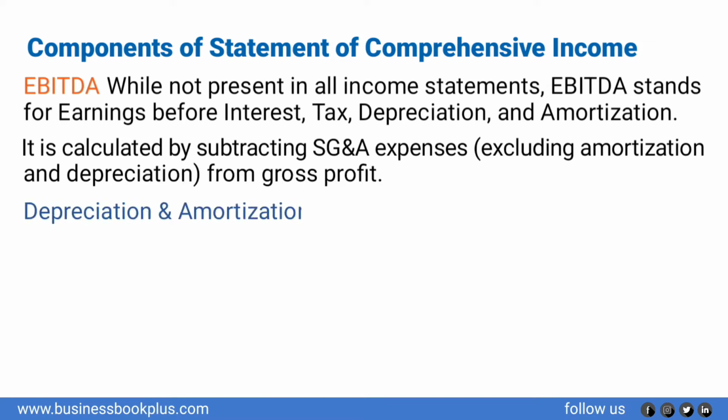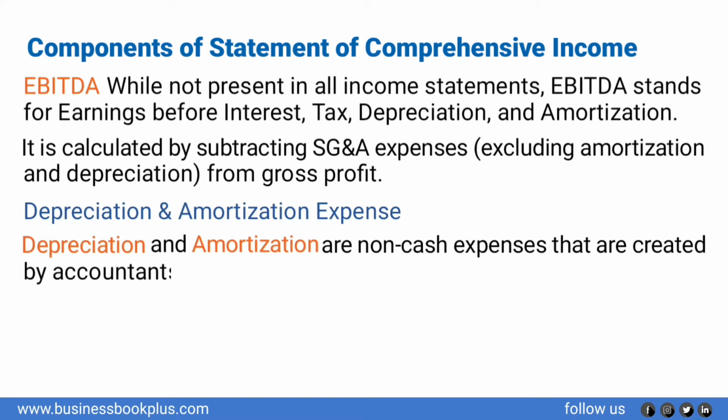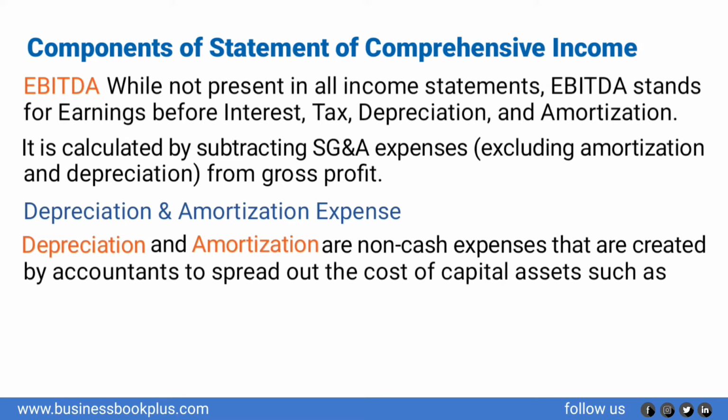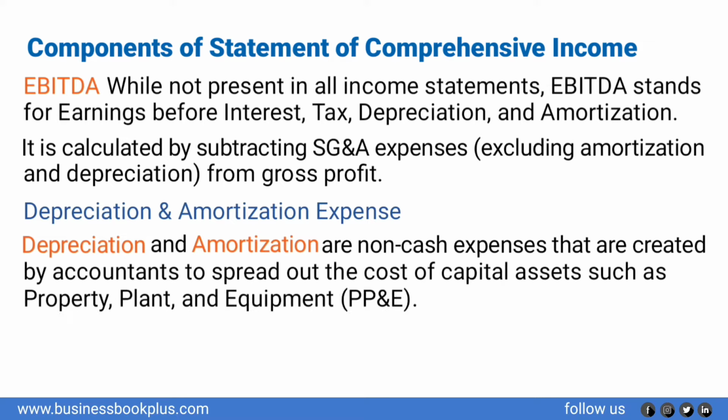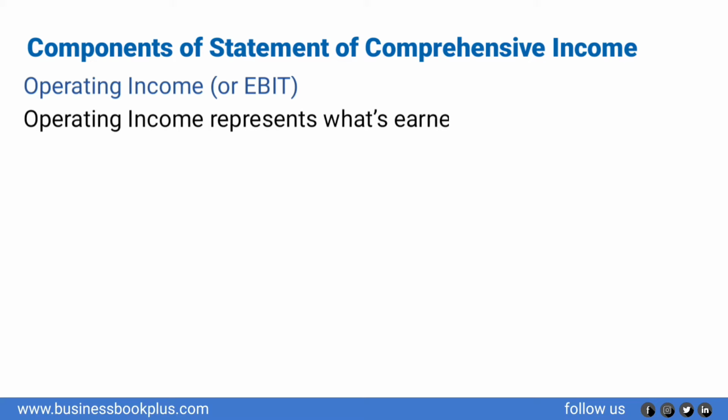Depreciation and amortization expense. Depreciation and amortization are non-cash expenses that are created by accountants to spread out the cost of capital assets such as property, plant, and equipment. Operating income. Operating income represents what's earned from regular business operations.